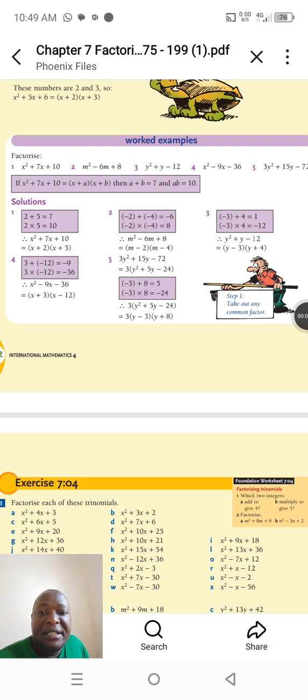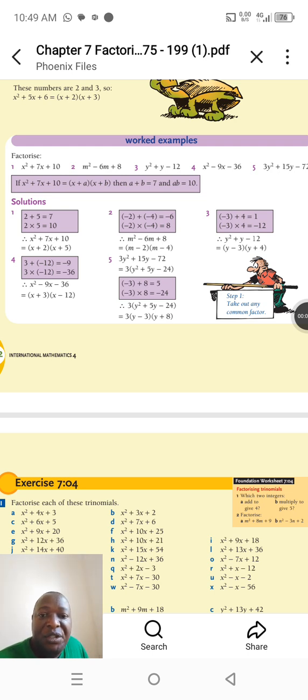Then example 3, y squared plus y minus 12. Now, in this case, the product is going to be negative 12. That is the coefficient of y squared, which is 1, times the constant value, which is negative 12. So product is negative 12 and the sum is 1. Coefficient of y is 1.